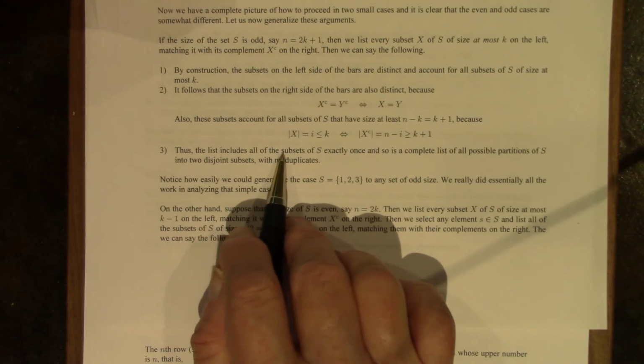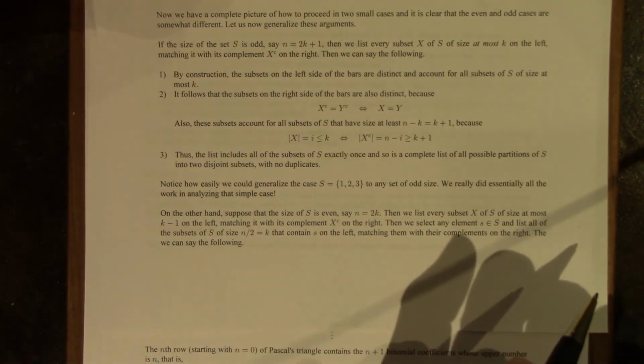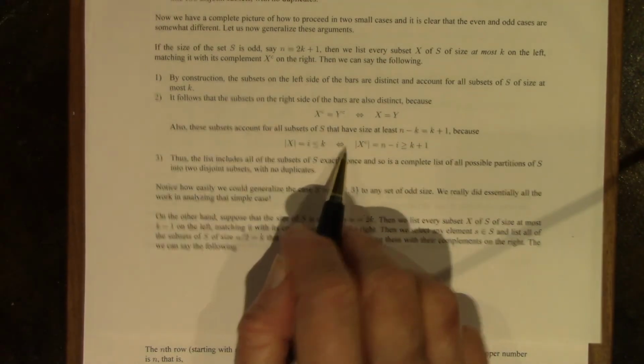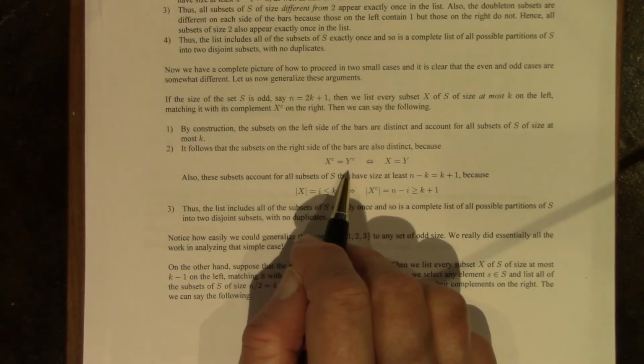So for the same reason, we've got every subset in the list exactly once. We have a complete list of all the possible partitions of S into the two disjoint subsets. No duplicates. This is an immediate generalization of the first case.